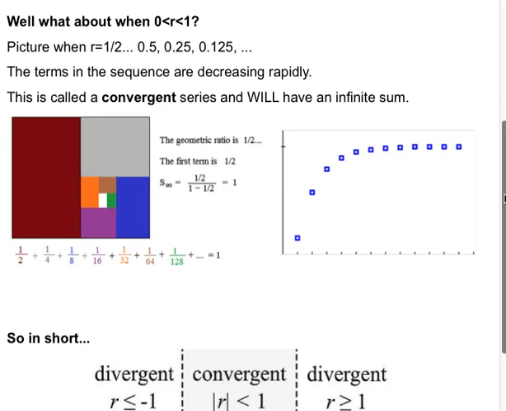Now, when I track the sum after the first term, the sum after the second term, the sum after the third term, so on and so forth, when your rate is between 0 and 1 or between 0 and -1, what ends up happening is it approaches a limit. The sum actually has a bound to it. The sum will only be able to get so big.